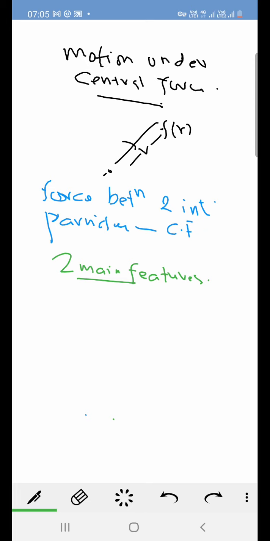First is conservation of energy, and the second is conservation of angular momentum.